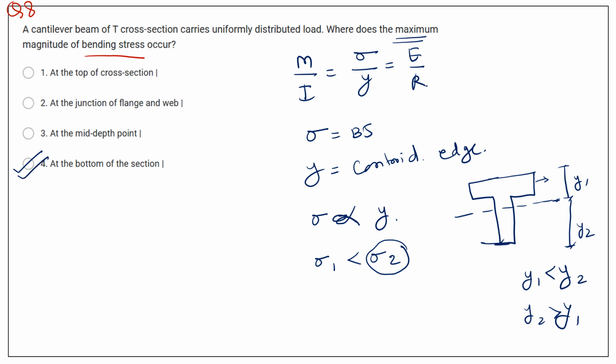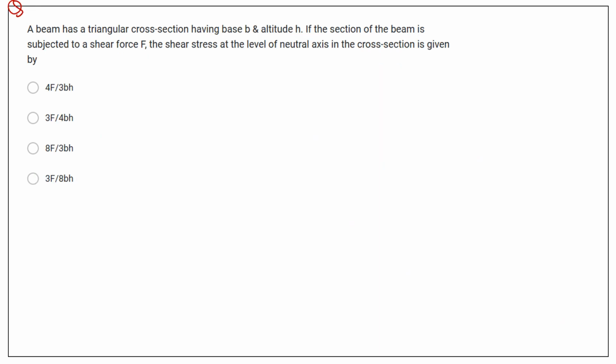Then next is the ninth question. A beam has a triangular cross section having base B and altitude h. If the section of the beam is subjected to a shear force F, the shear stress at the level of the neutral axis in the cross section is given by.